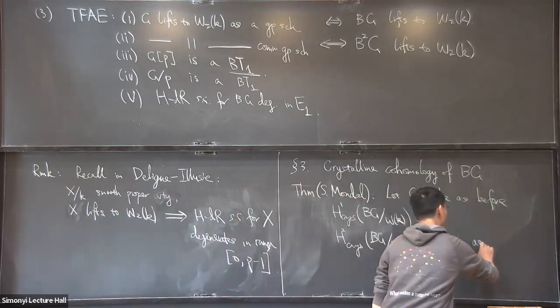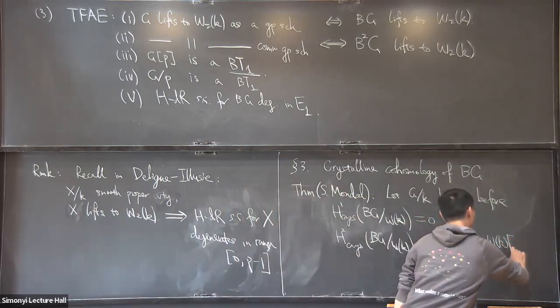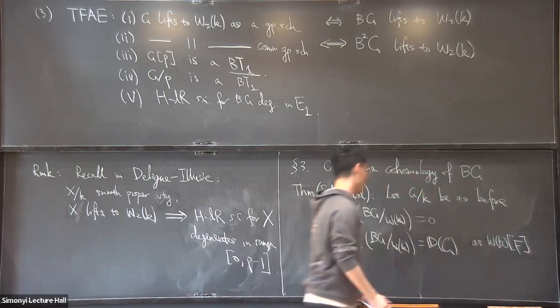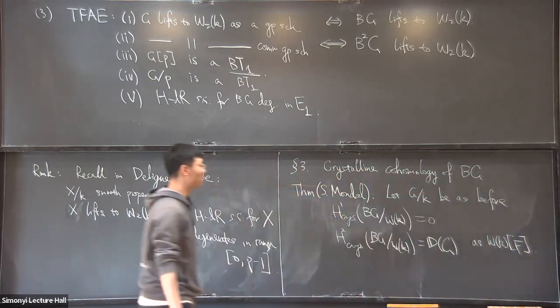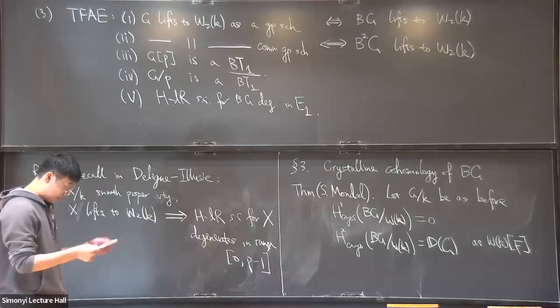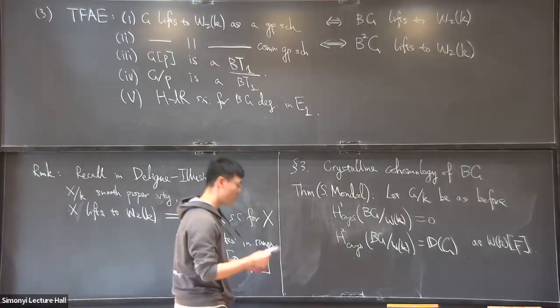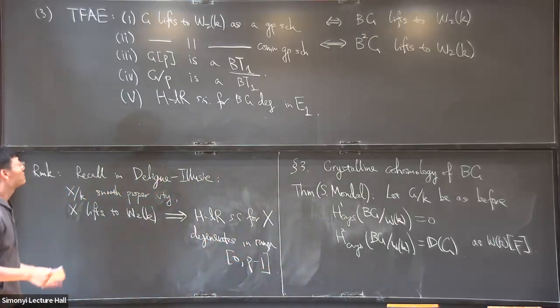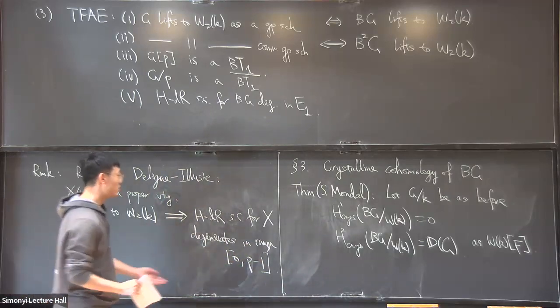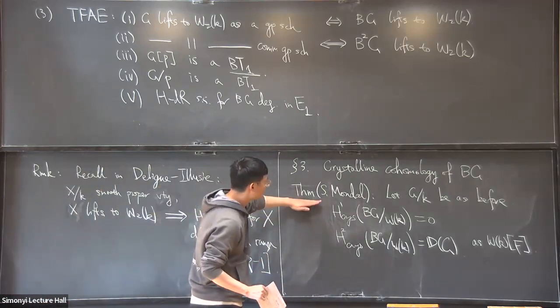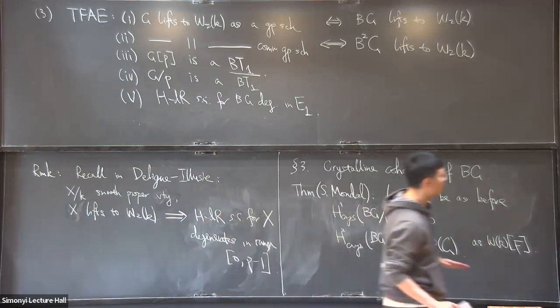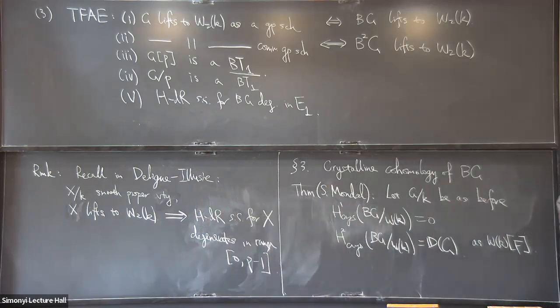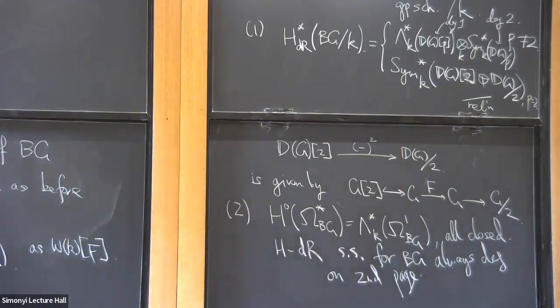And this is as a WK module together with Frobenius. So this description is also Frobenius equivariant. Right. So you can see that this theorem is actually compatible with our description of de Rham cohomology here for the following reason.